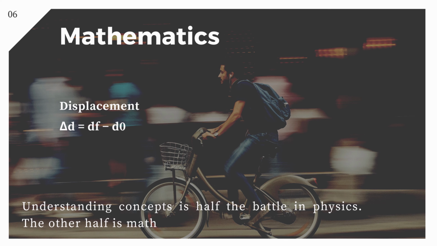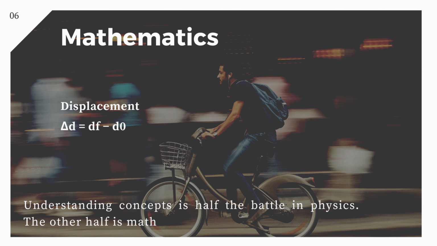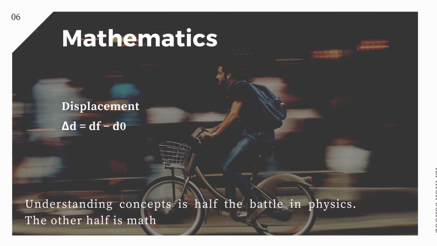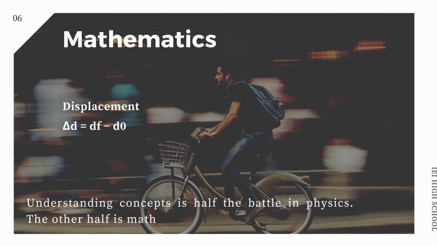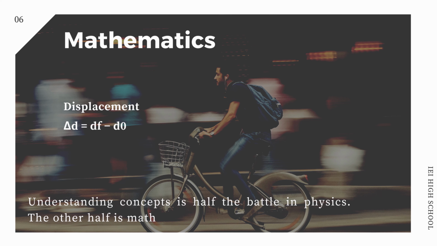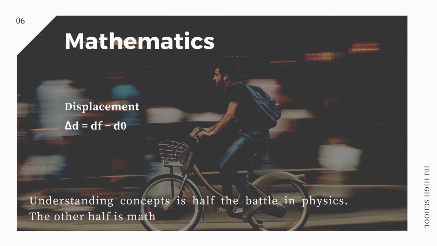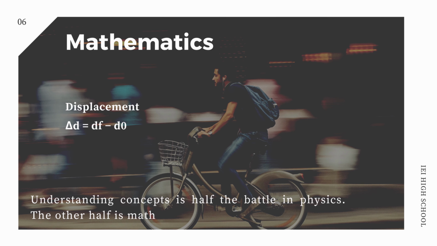A stumbling block to new physics students is trying to wade through the math of physics while also trying to understand the associated concepts. This struggle may lead to misconceptions and answers that make no sense. Once the concept is mastered, the math is far less confusing. So let's review and see if we can make sense of displacement in terms of numbers and equations.